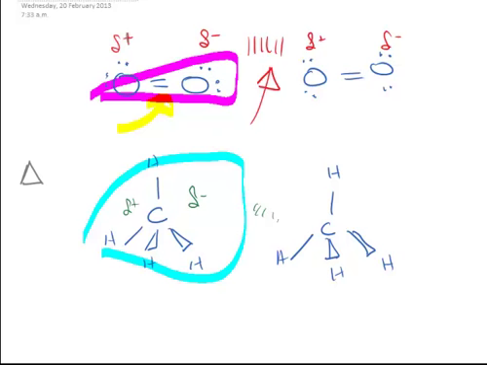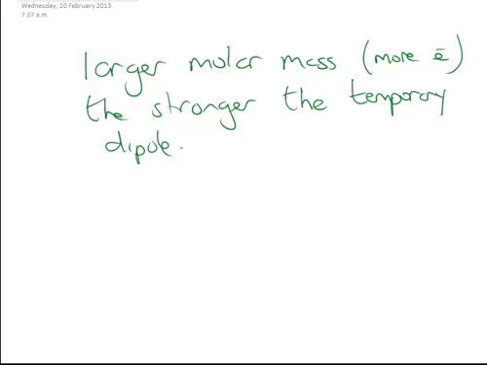So it leads us to one common thing with temporary dipole bonding. The larger the molar mass, therefore the more electrons, the stronger the temporary dipole will be. So even though it's considered weak, in large molecules it becomes a significant factor in determining whether it's going to be a solid, liquid or gas. Okay, so that's temporary dipole bonding.